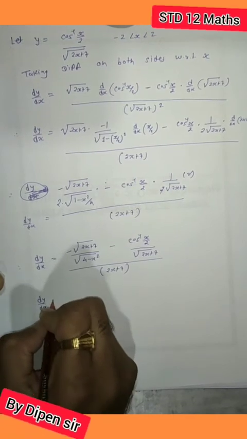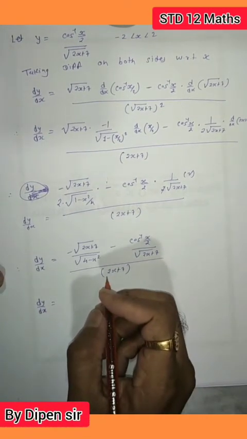So our dy by dx is, what is the cross multiplication?